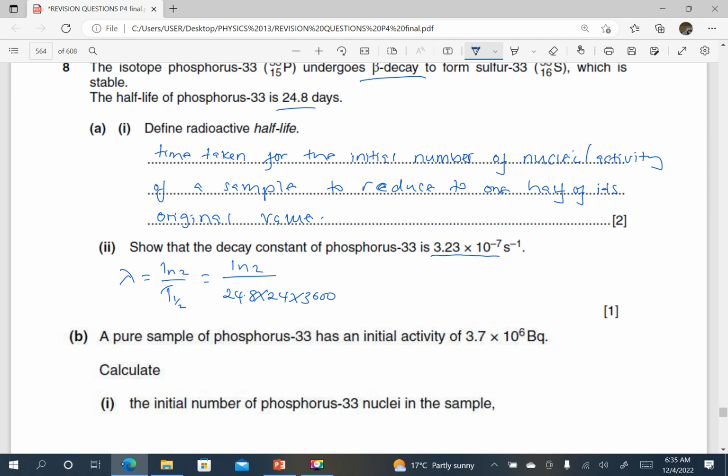From my calculator, I can confirm that actually to three significant figures, the decay constant is 3.23 times 10 power negative 7 per second.